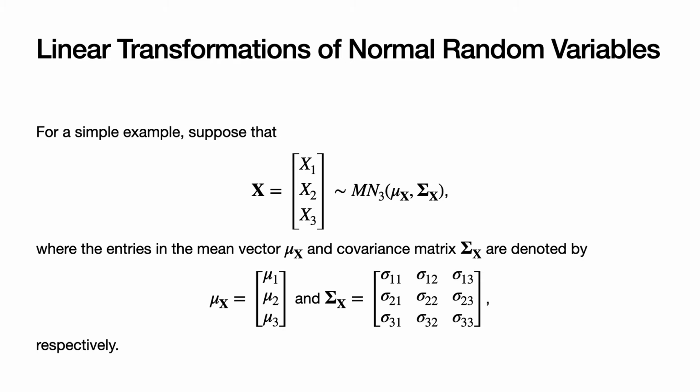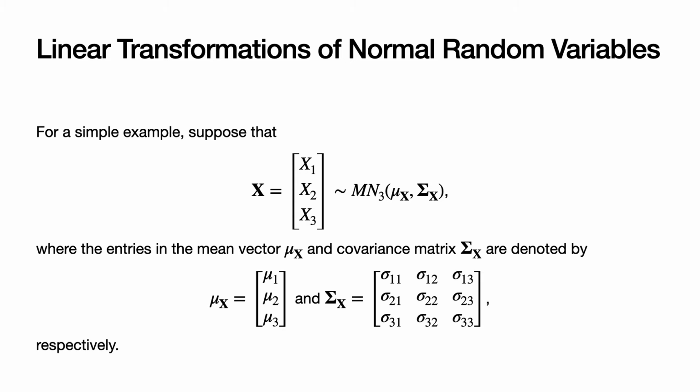And the entries in the 3 by 3 covariance matrix of x will be denoted as shown here. So the first row has entries sigma 1,1, sigma 1,2, sigma 1,3. The second row has entries sigma 2,1, sigma 2,2, and sigma 2,3.